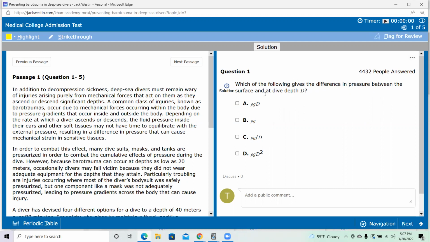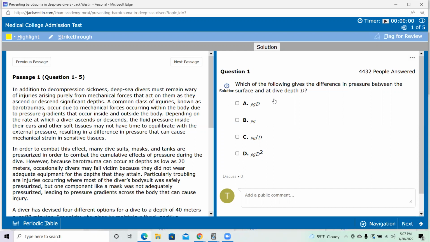Do you guys think that we need to look at the passage, or can we solve this without looking at the passage in this case? Like, just in general, what do you think? I think maybe we could just use the choices.